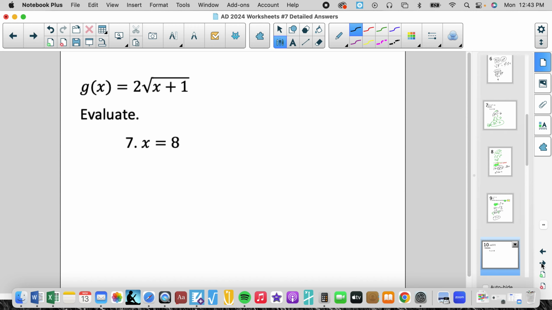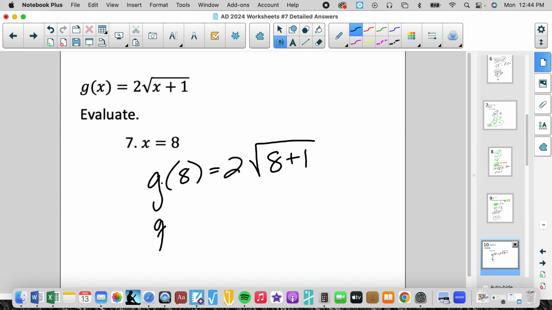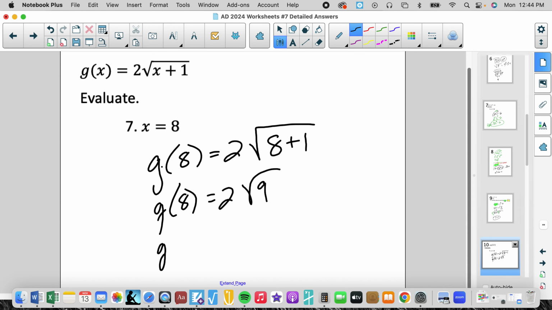Okay, new one. So now g of x. So g of 8 equals 2 times the square root of 8 plus 1. G of 8 equals 2 times the square root of 9. Square root of 9 is a perfect square, and that is 3.